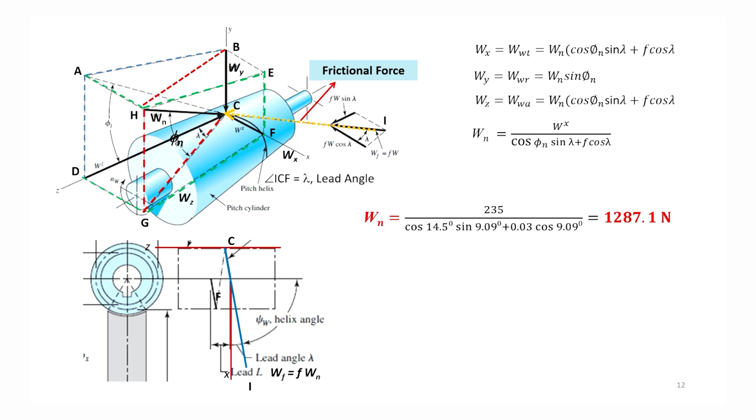This infinitesimally small element ABCD, then EFGH is there, and the normal load which will act along the line of action is from H to C. This is the Wn, and this Wn will have component in the axial direction of the worm.